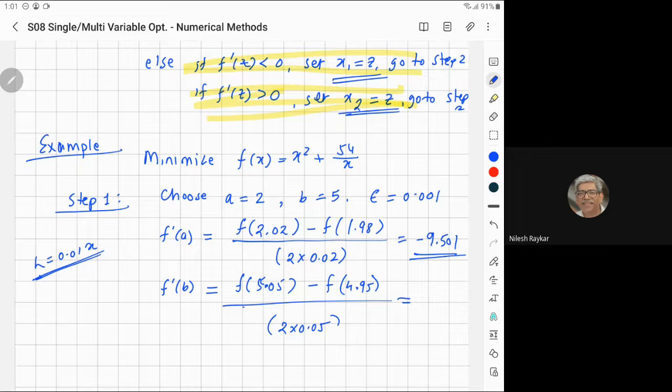You just calculate and tell me the value, because I think I have made some mistake there. You will get some positive number. 7.8.